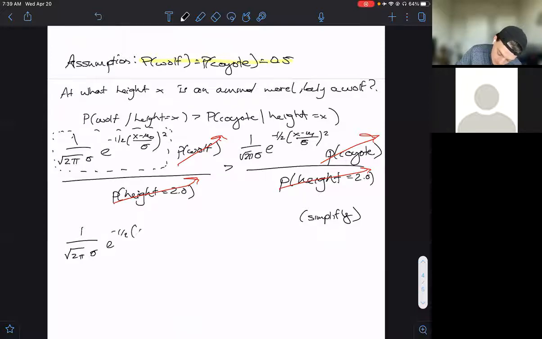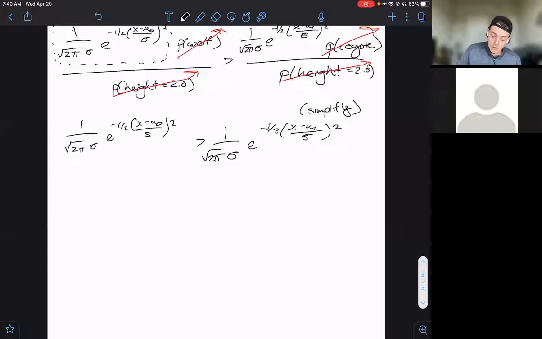Negative 1/2 x minus mu1 over sigma squared, 2 pi sigma e negative 1/2 x minus mu1 over sigma squared. So we just simplify, and then we got this, and then we can do some more simplification.